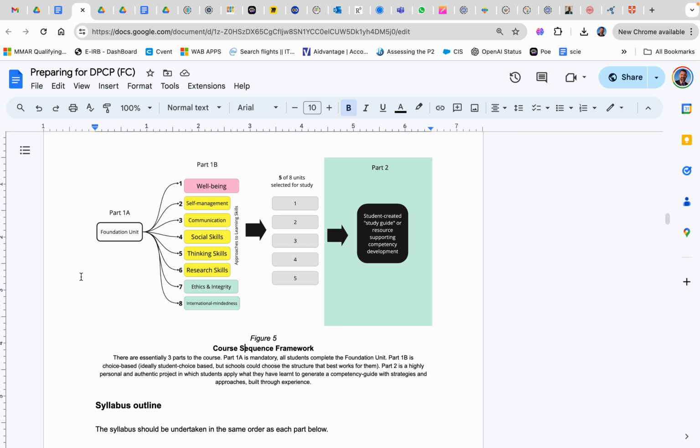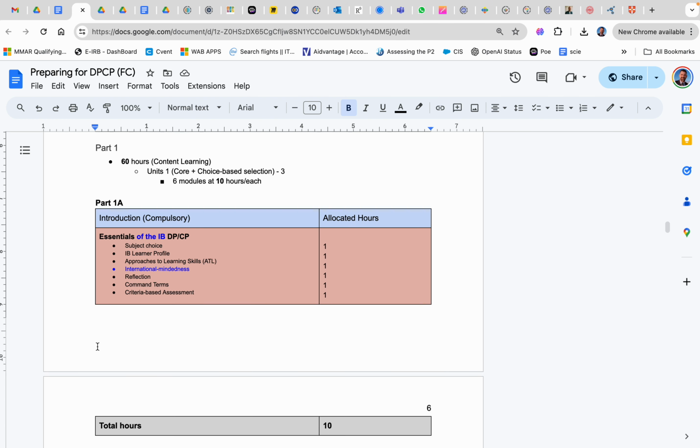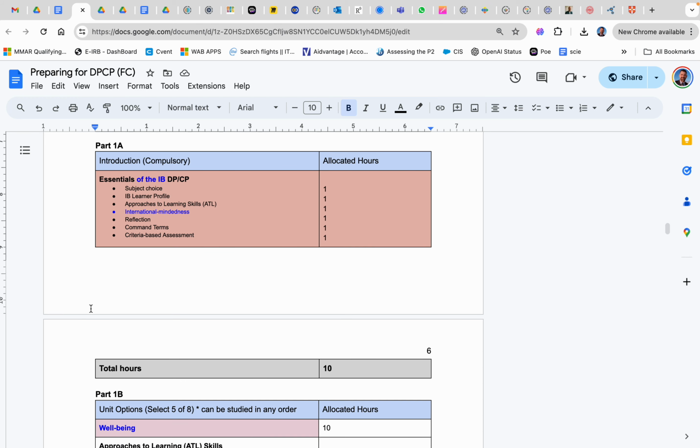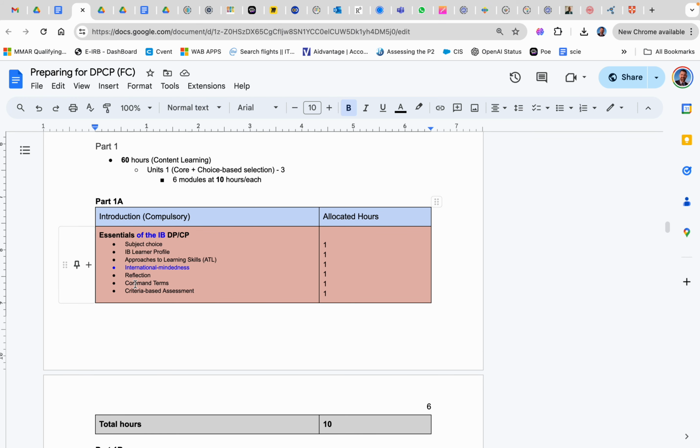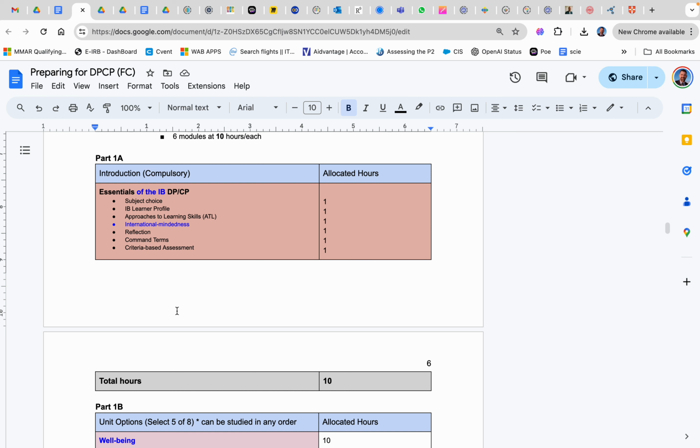So the idea is that this could be taken maybe in the first semester, in the first year, but it's really leading towards an authentic product that is meaningful to the student and related to the competency areas. These were proposed by Kate and James and Hoken and others. Here's the introductory unit.